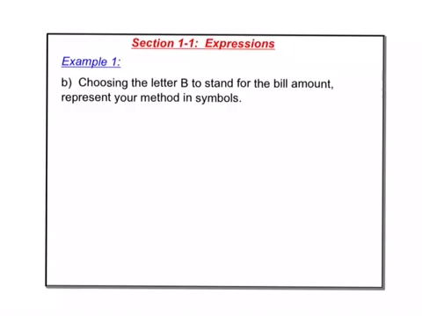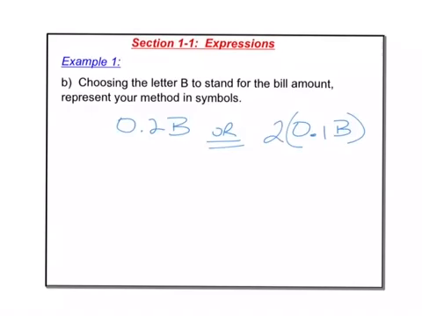So using what they gave you in the textbook, you could just write 0.2 times B, or what we did, because the mental math of doing times 0.1 would be a little bit easier, you could do that multiplication first, put it in parentheses, and then write 2 out in front of it. Now, one of the things that you'll notice here is that this is going to be the key of this section, writing stuff like this in expression form, and really simplifying what the problem's telling you to do.